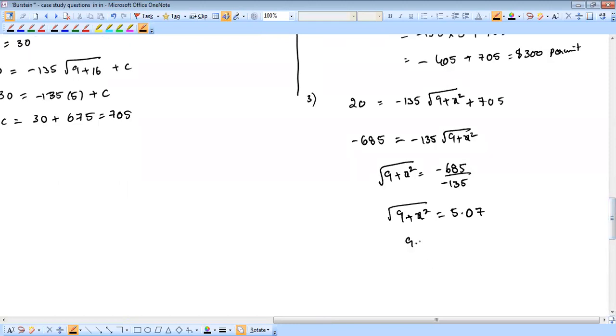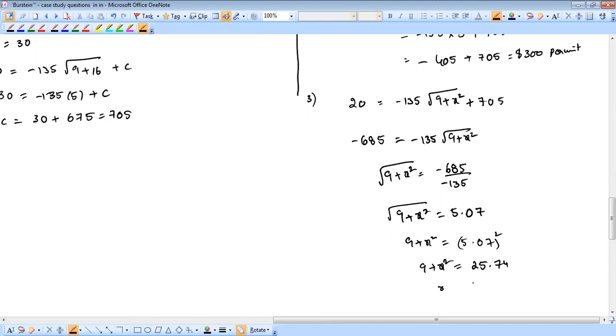Now squaring on both sides, 9 plus x squared is equal to 5.07 whole squared, which I am getting as 25.74.